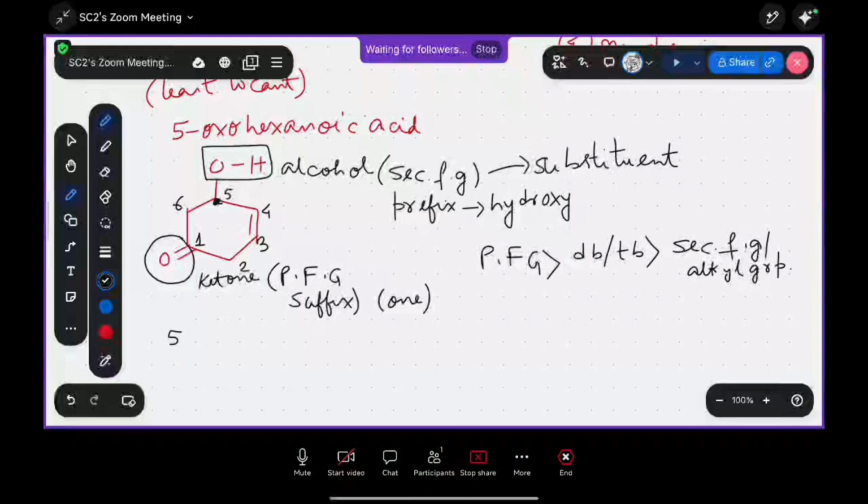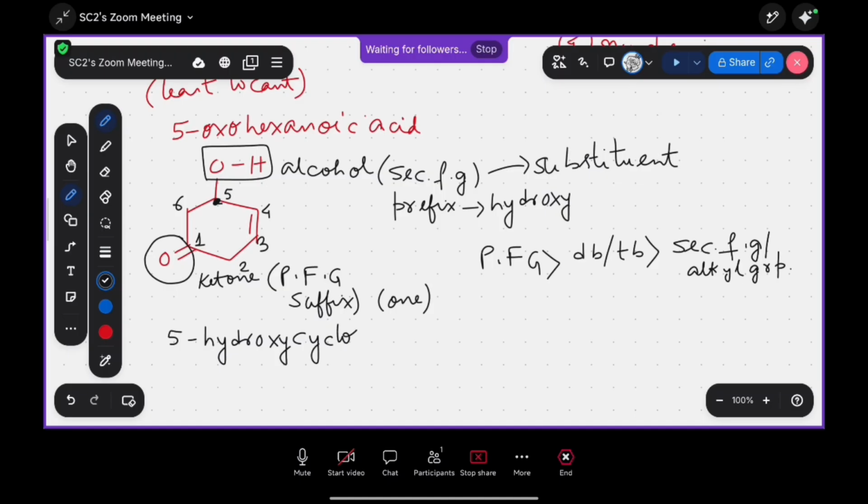So it is 5-hydroxy. Since alcohol group is the secondary functional group, we will use the prefix for that. So 5-hydroxy. After the side chain, we say cyclo. Since this is a cyclic compound, we need to use the word cyclo. 5-hydroxycyclo.